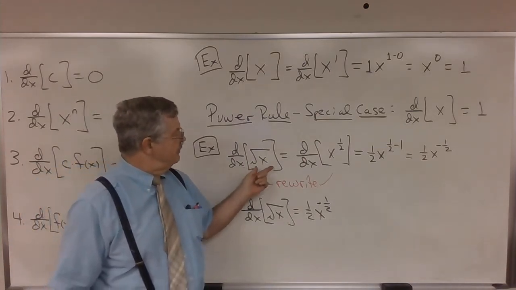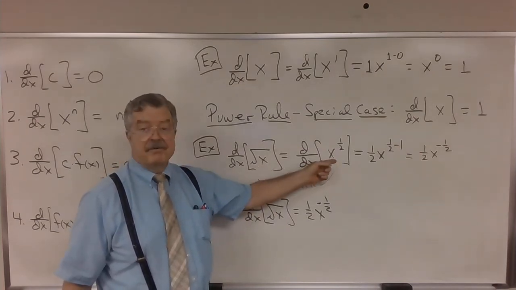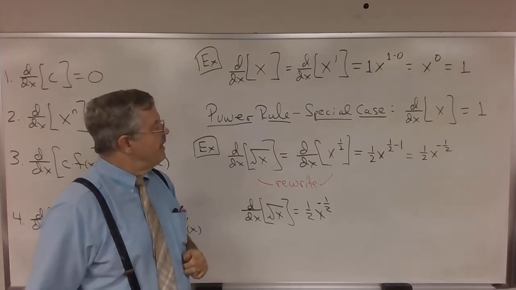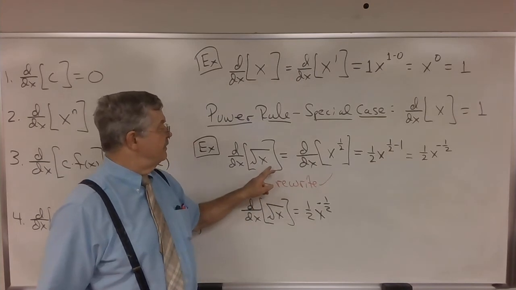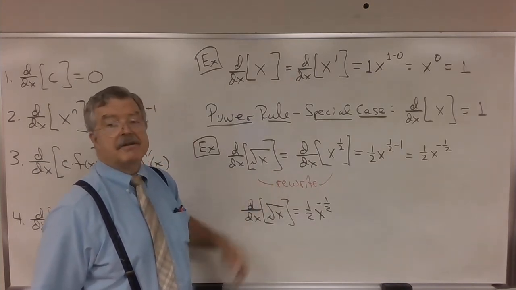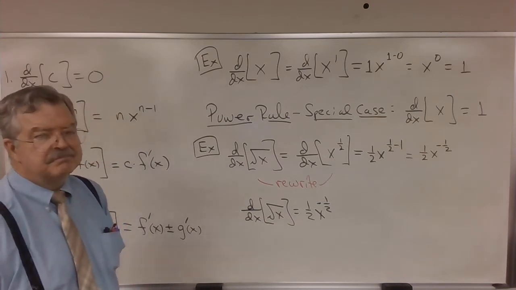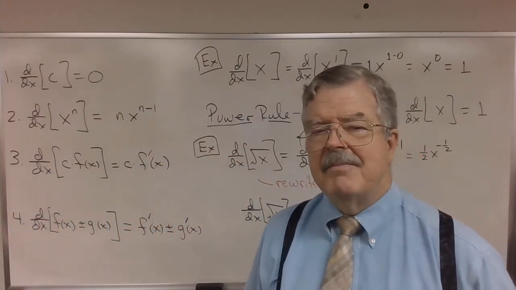So whenever we see derivative of square root of x, write it as derivative of x to the 1/2. Exponents in general are easier to work with than radicals, and this is definitely one of those cases. Okay, time to move on.